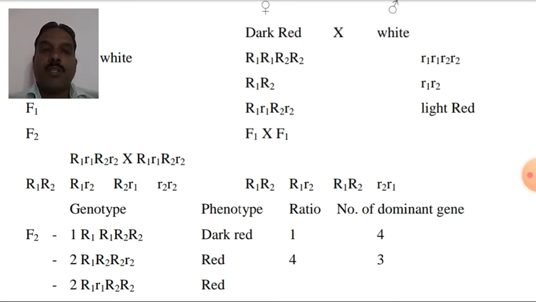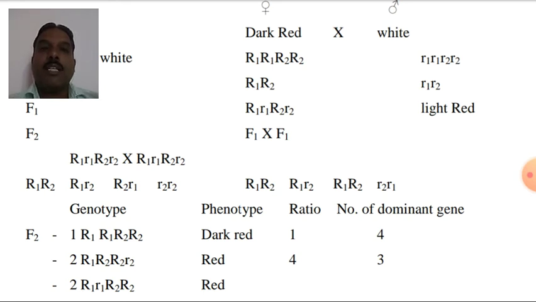First F1 produces 4, second F1 produces 4, so 4 into 4, 16 genotypes are obtained in the F2 generation with the help of the checkerboard method. Within those 16 genotypes we can do sorting. Likewise in case of a dihybrid cross, we obtain 16 genotypes with the help of the checkerboard.